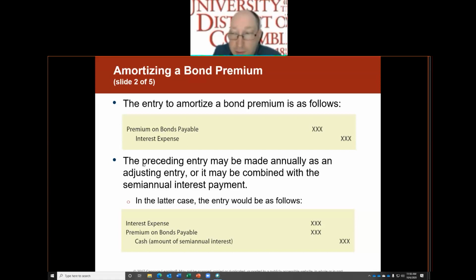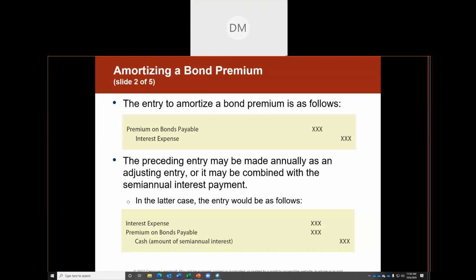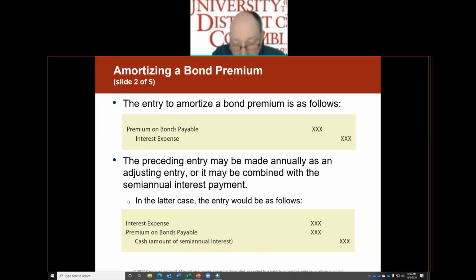So the way to think about this is the ideal situation is that we have the face amount, which means that the market rate equals the rate of the bond. When there's a premium or a discount, what needs to happen is that we need to get that back to the face amount, in other words, where the two are equal.